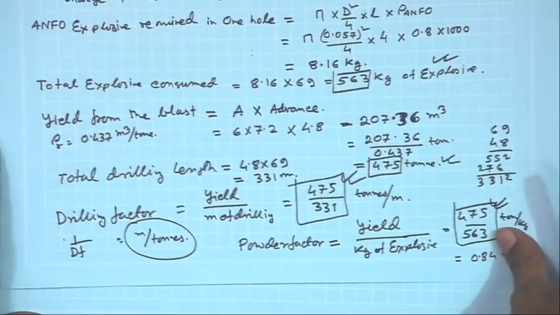So, more or less we have covered the underground blast design part, and you can consider our course is over by this lecture. So, in a very short summary, I can say after attending the full course, you are now able to understand the different types of drilling, the basic mechanism of drilling.